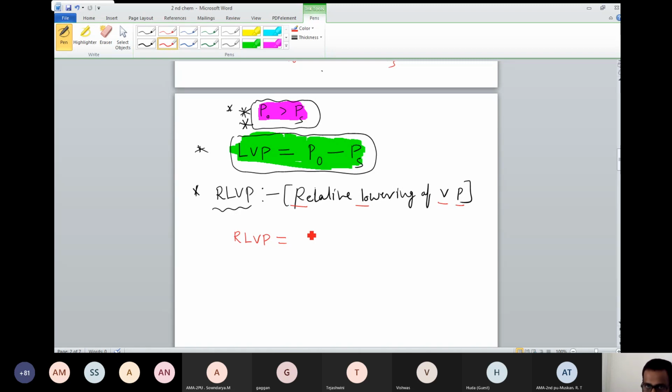I repeat, RLVP definition: it is the ratio of lowering of vapor pressure to the vapor pressure of pure solvent. So ratio means like this: LVP by P naught.